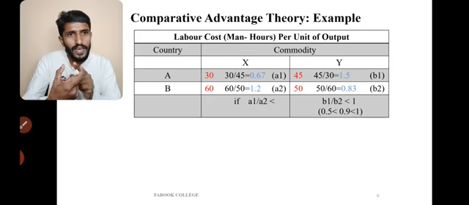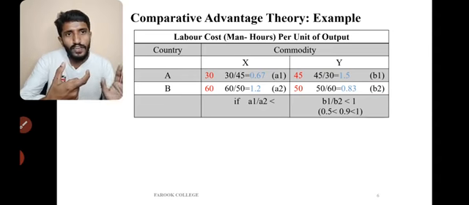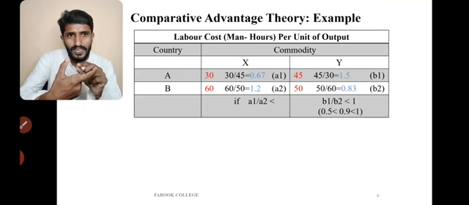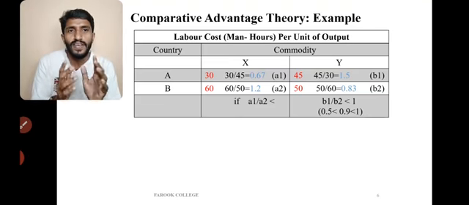So here we have X and Y. So we are making a comparative cost by dividing 30 divided by 45. I mean, in comparison with Y, we are taking 45. Then 30 divided by 45 gives 0.67, the comparative cost of X.